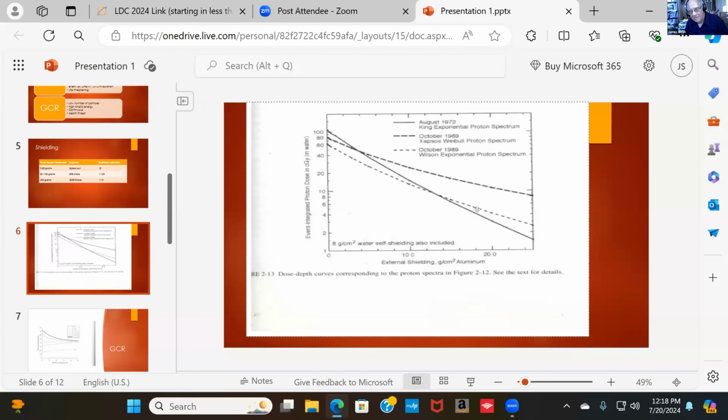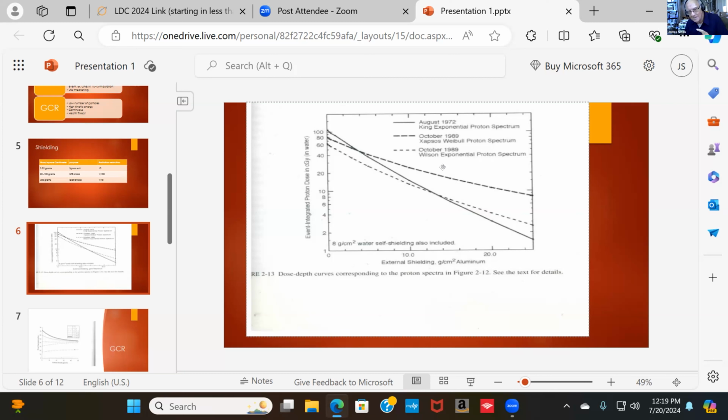This event here is actually the October 1989 event, and this shows how making a choice in how to diagram the spectrum of the particle radiation can affect the estimates of damage.